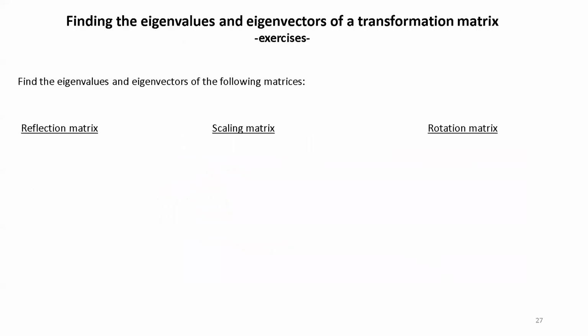So last time we were talking about eigenvalues and eigenvectors, right? The geometric meaning of an eigenvector is that if the direction of the vector is unaffected by the transformation, then that is the eigenvector.